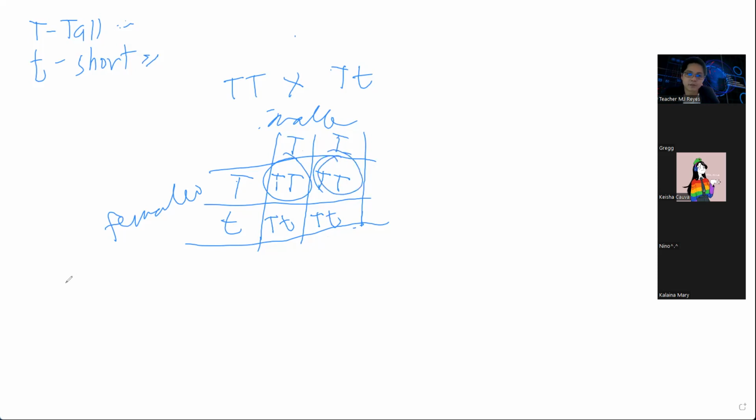So the genotypic ratio, so you see genotypic or genotypes, is the genes. It could be homozygous or heterozygous because we're looking at the gene. What could be the gene inside of that particular organism? So, as you can see there, the genotypic ratio there is 2 homozygous tall. Homo means 1.